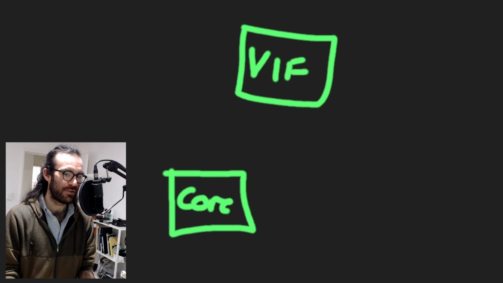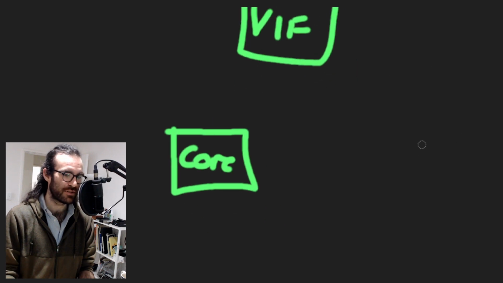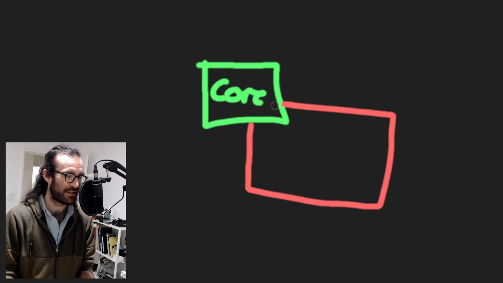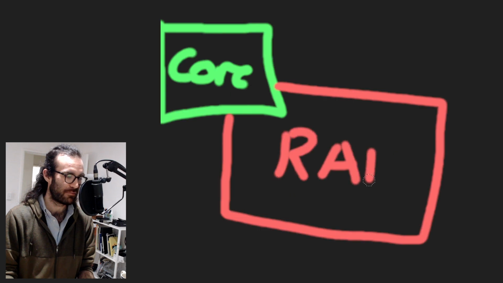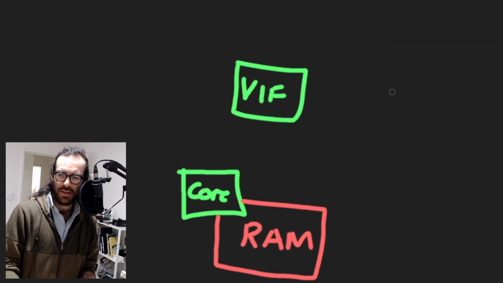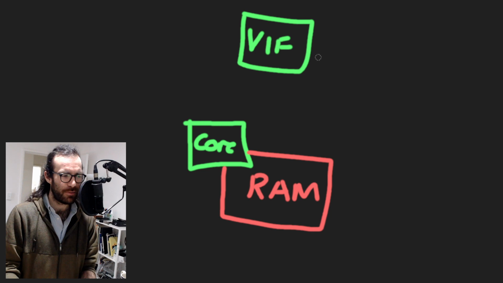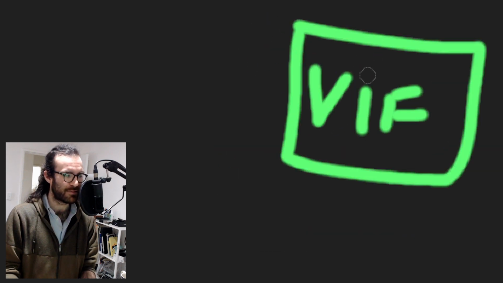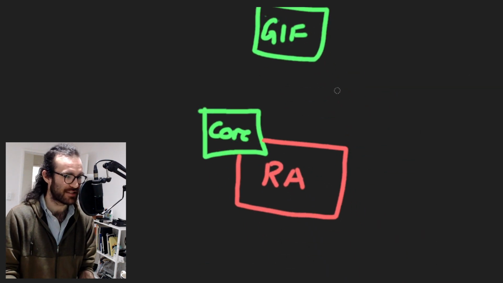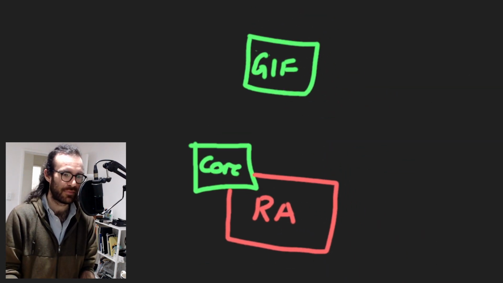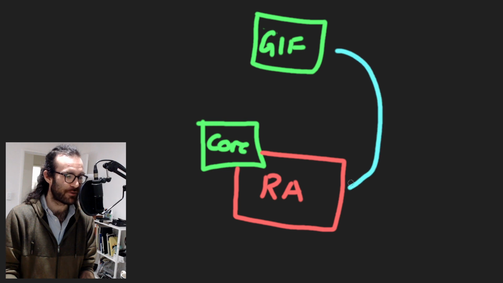And you're going to DMA, so our RAM is kind of attached here. Hold on, this is meant to be GIF. Right, so you have the graphics synthesizer interface. So you can do a DMA transfer into RAM.